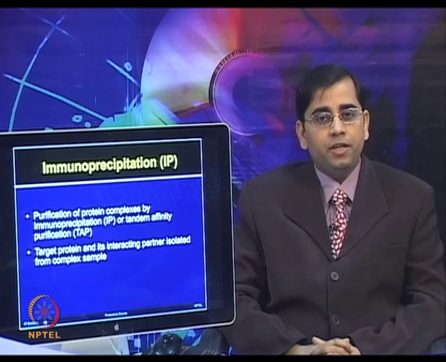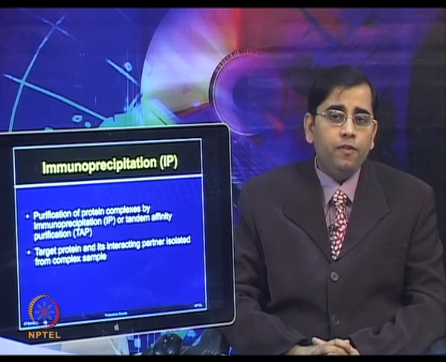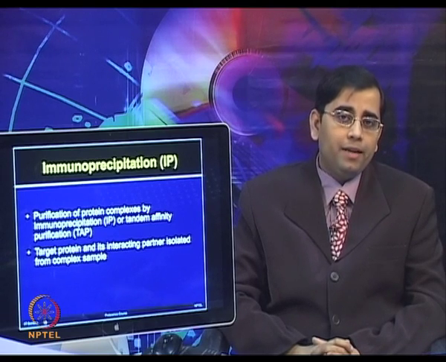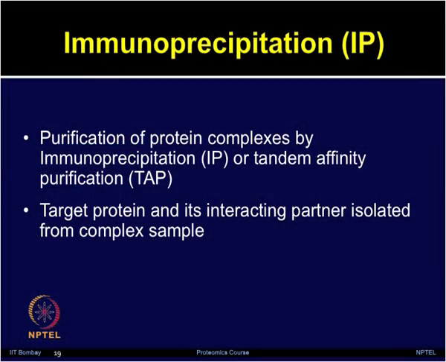So, the purification of protein complexes by immunoprecipitation or tandem affinity purification methods is performed. The target proteins and their interacting partners are isolated from a given complex sample, and then by using different types of tags, these proteins can be isolated from the mixture and then further processed, which I will describe in the next slide.